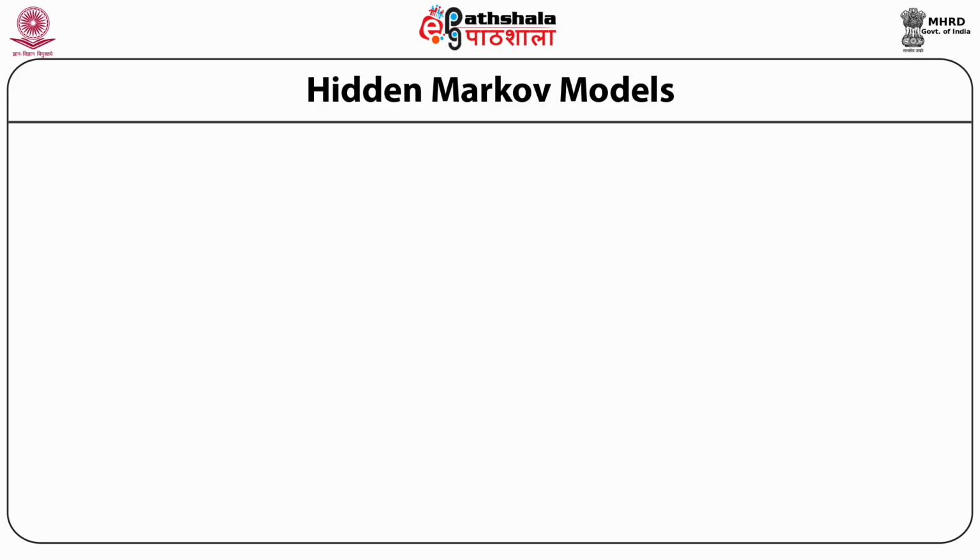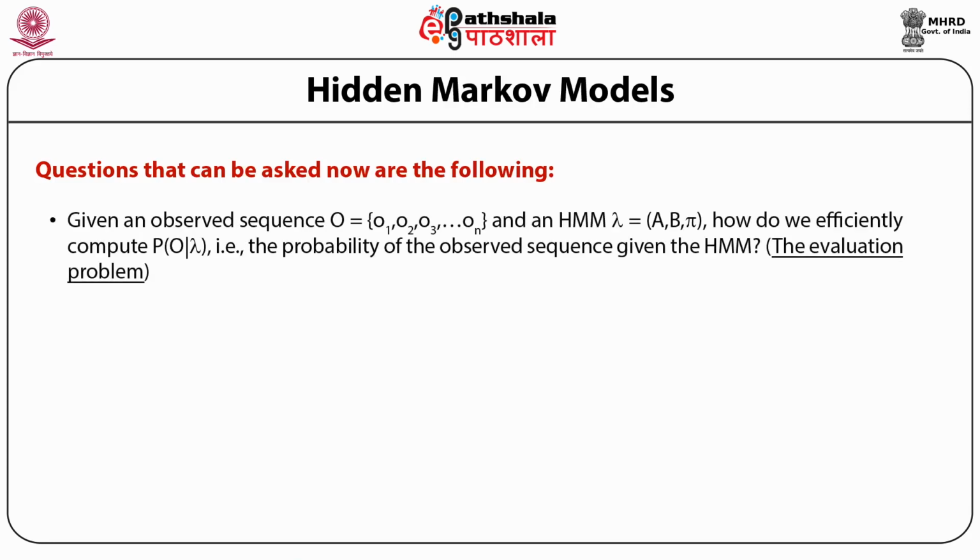Now, whenever we are dealing with HMMs, we can ask certain questions. What are these questions? One of them is this: take an observed sequence O, which is made up of a sequence of symbols O1, O2, O3 till ON, and I have an HMM lambda. It has its own parameters: the emission probability A, the transition probability B, a starting probability pi, and so on.